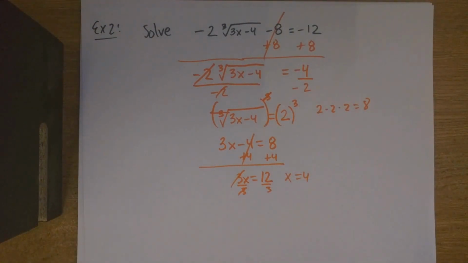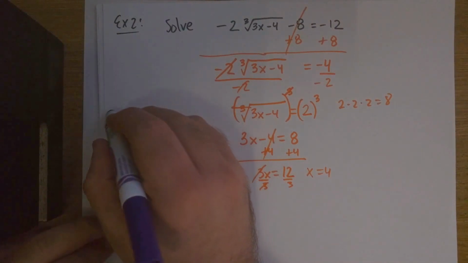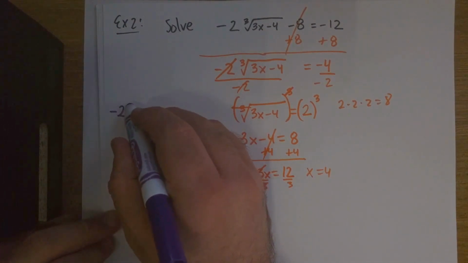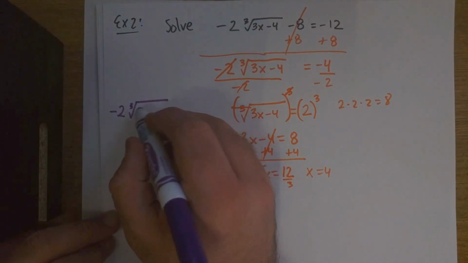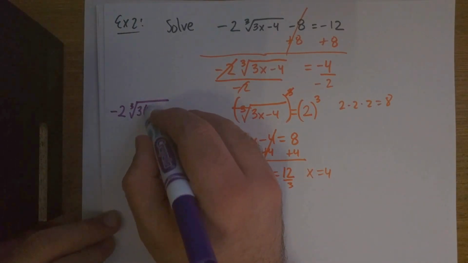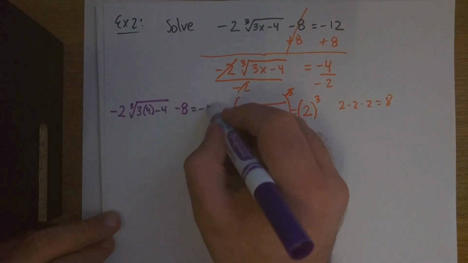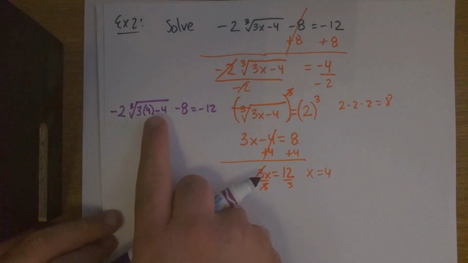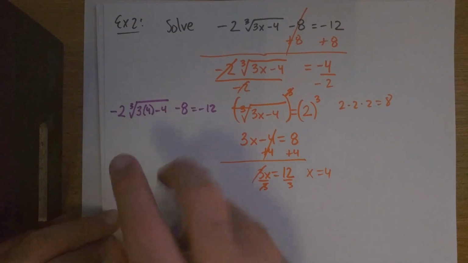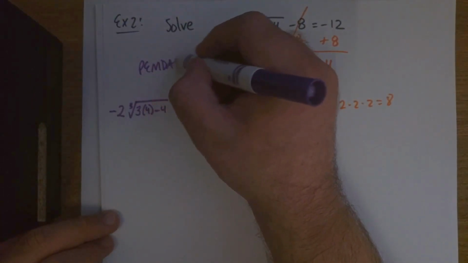Again, I'll do the check step in purple. I'm going to do it on this side this time. So I have -2 times the cube root of 3x minus 4, but for x I'm plugging in 4. Let's go ahead and simplify the inside of the radical first, because remember we have to follow our order of operations.